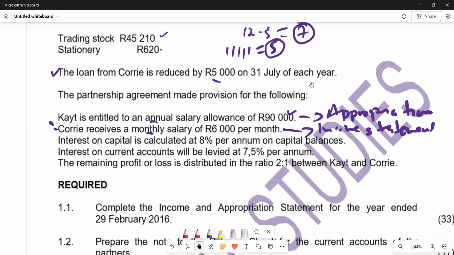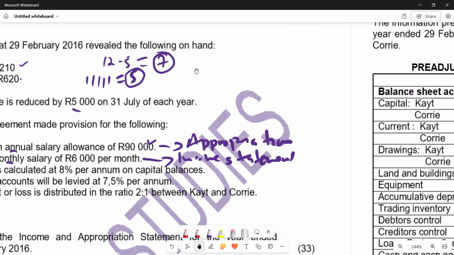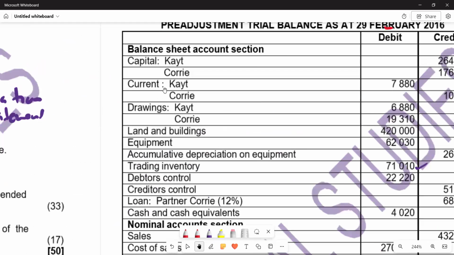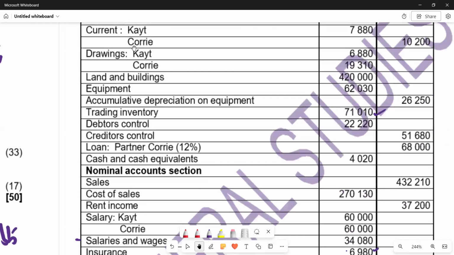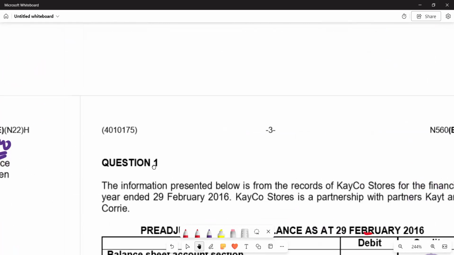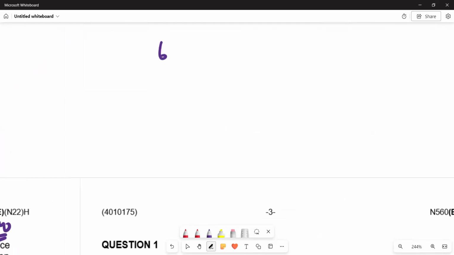So we can just go there to check in terms of the loan balance, and we can play around with that loan balance that we are given in the list of balances. You'll see that we have got 68,000 at 12% interest.